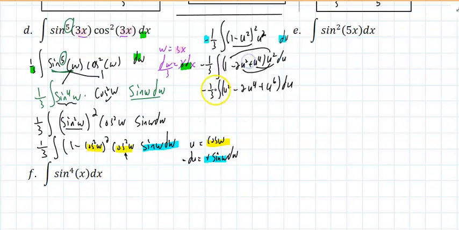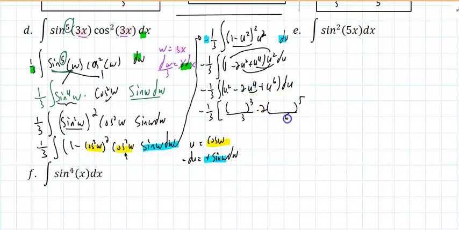So I'm going to raise this higher and say, look, follow the work right there. This is going to be negative 1/3, and wouldn't that be u cubed over 3 minus 2, isn't that u to the 5th over 5, isn't that u to the 7th over 7 plus c?